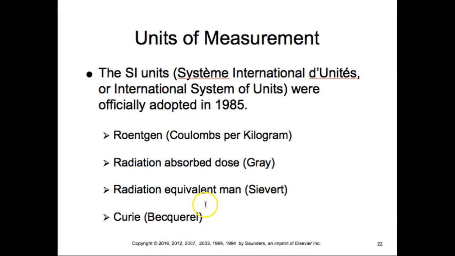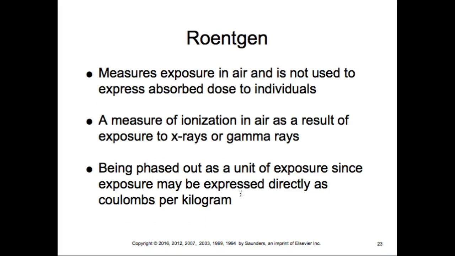The radiation equivalent man, which is the REM, is actually now the sievert, and that's how all of our radiation badges are read, in sieverts. And then the Curie is now the becquerel. So it's easy to remember that Marie Curie and Becquerel shared the Nobel Prize in physics. Easy to remember that way.